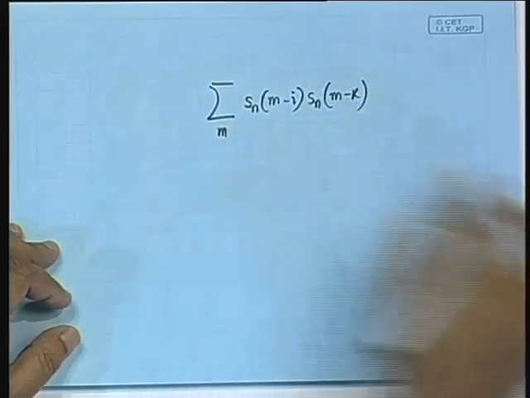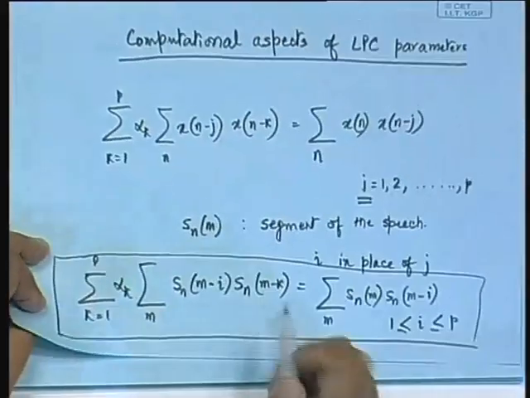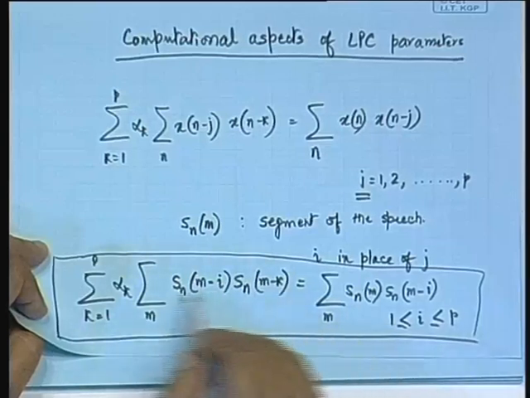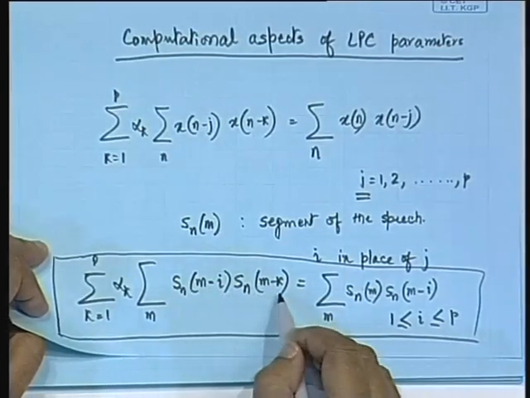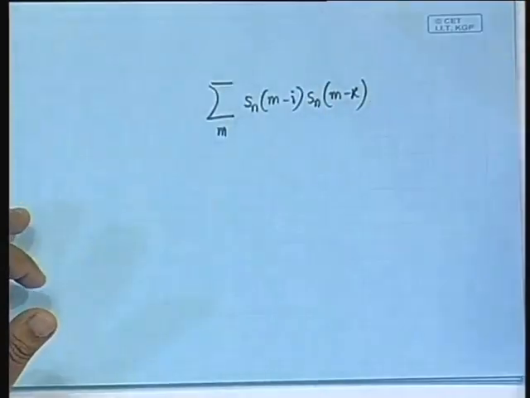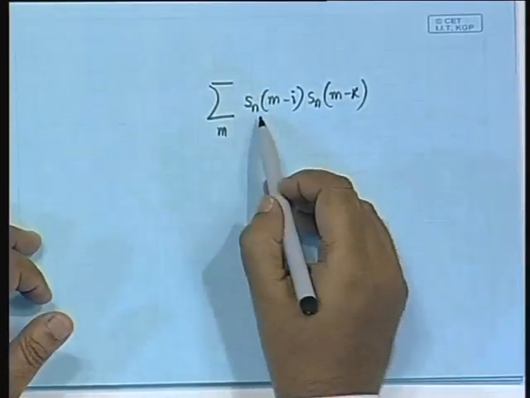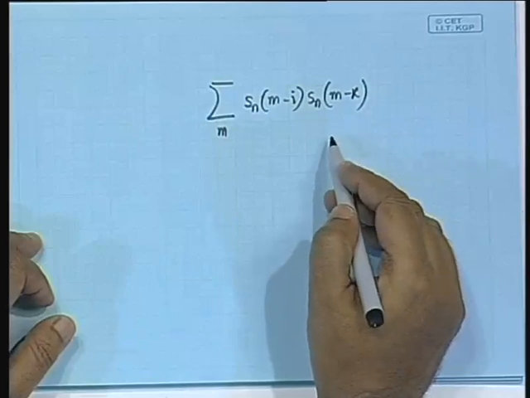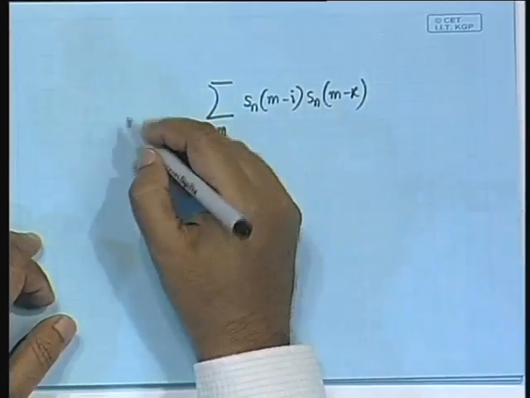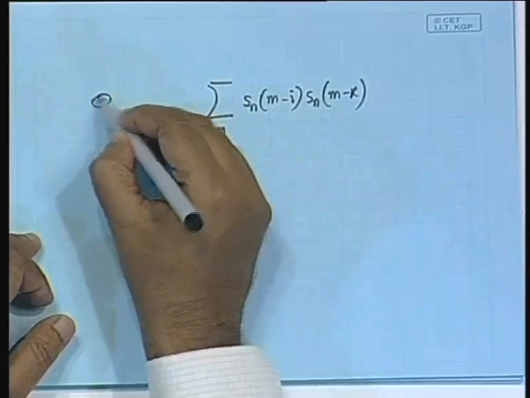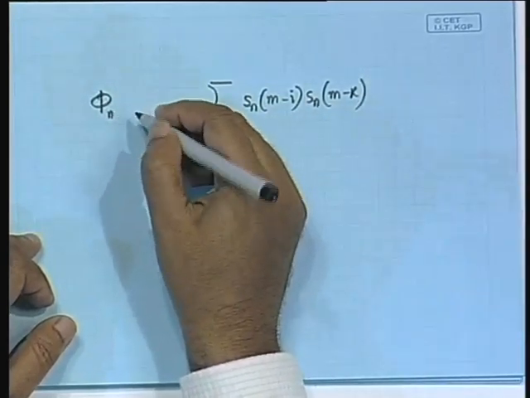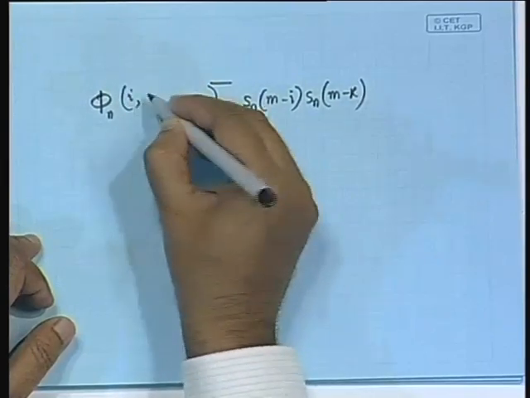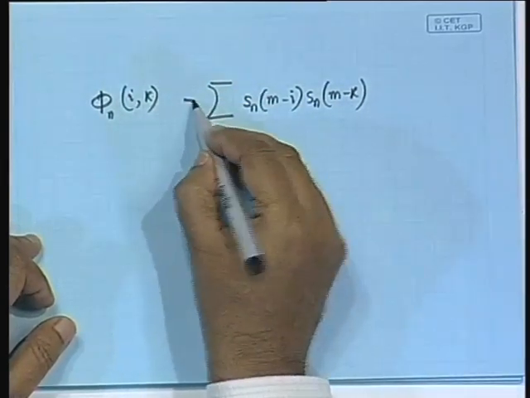This is what we have on the left hand side of this equation: Sn(m minus i) into Sn(m minus k). This summation quantity we are calling phi suffix n, and we write it as (i, k).